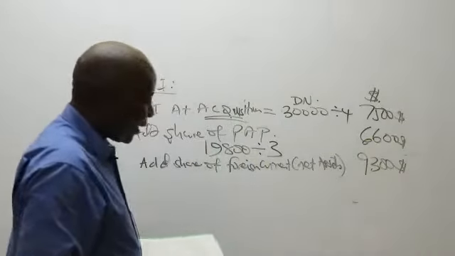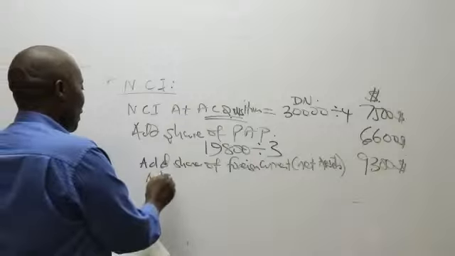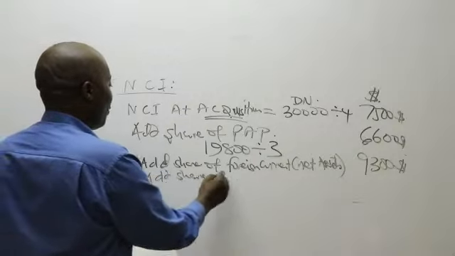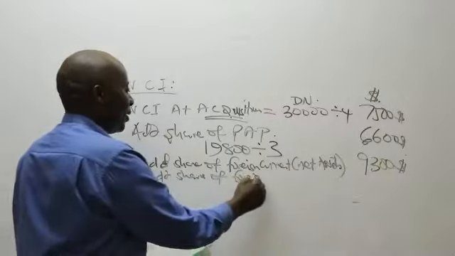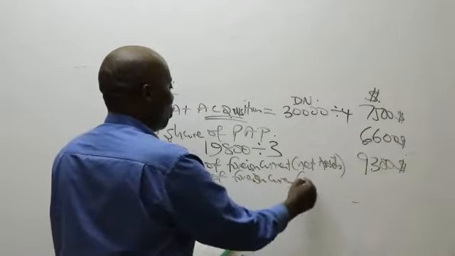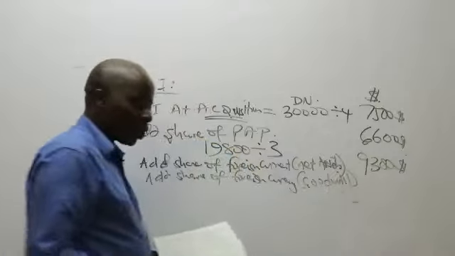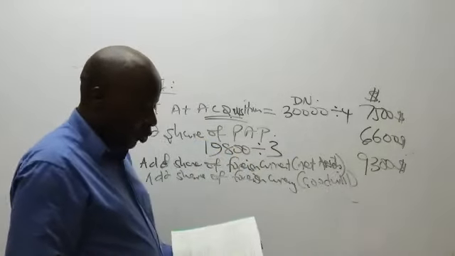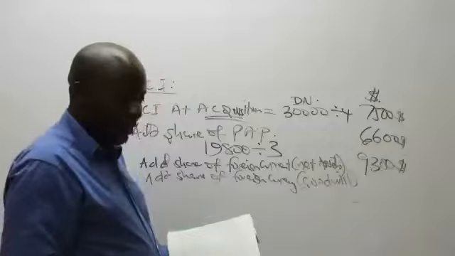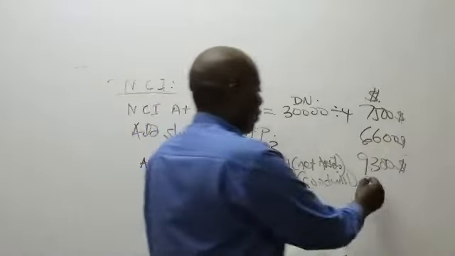All right. And then lastly, add share of foreign currency goodwill. How much is goodwill? 15,500.